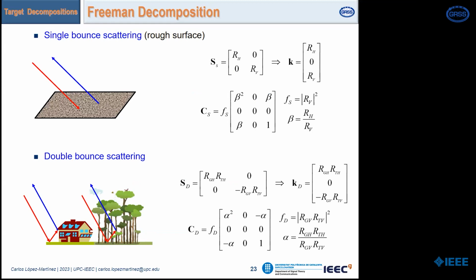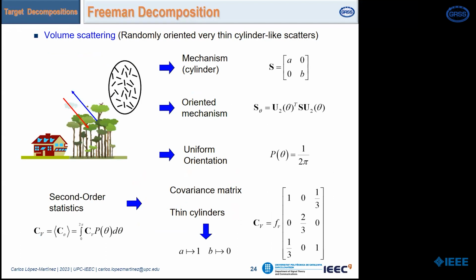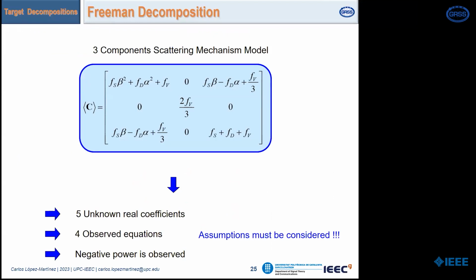For the double bounces it is exactly the same. Here you have the model. For the volume it is exactly the same. Here is the model I am using. So at the end, I can decompose this matrix into this expression here.